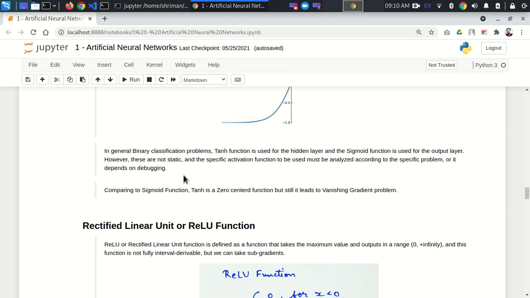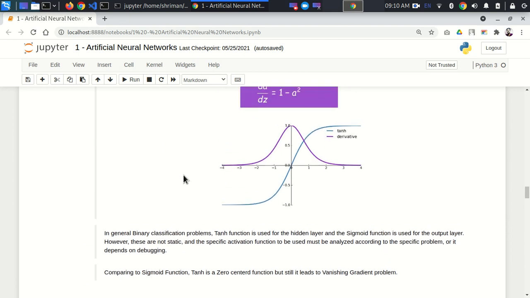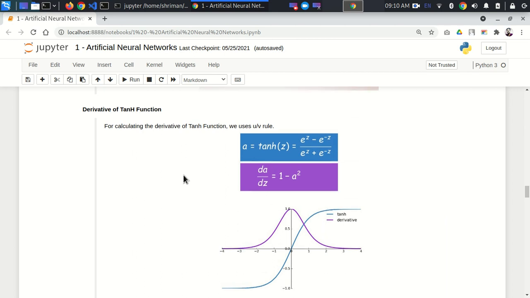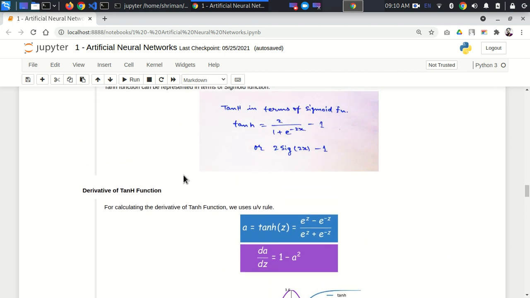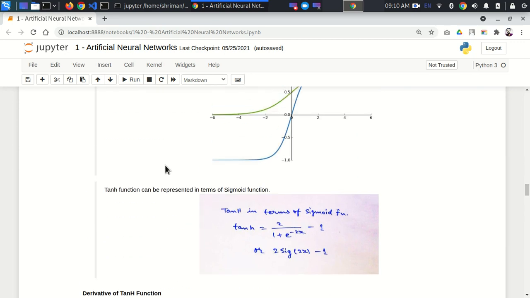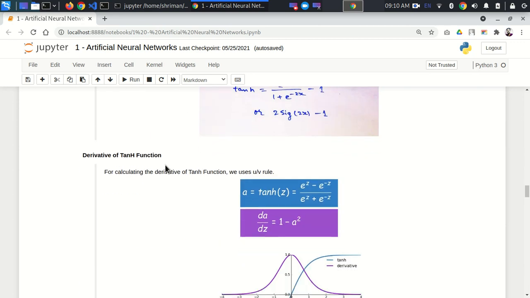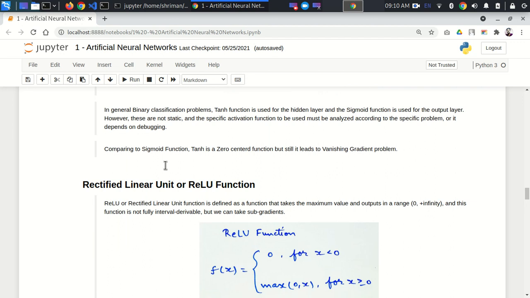Compared to the sigmoid function, tanh is a zero-centered function, but it still leads to the vanishing gradient problem. A similar concept and theme is used inside the tanh function, so there are pros in terms of being zero-centric, and in terms of cons, there are similar cons to the sigmoid function. So basically we can use it.